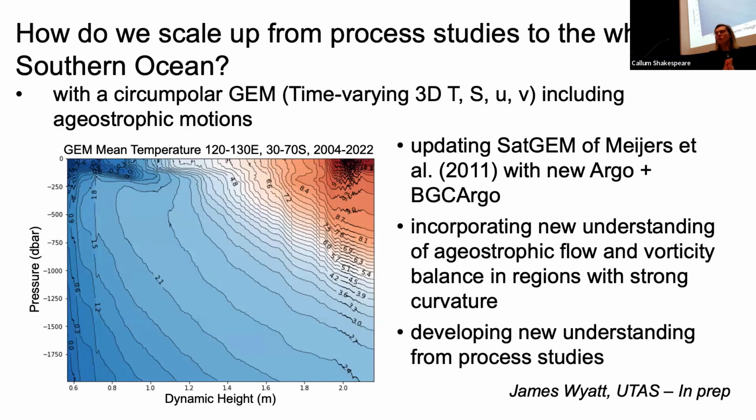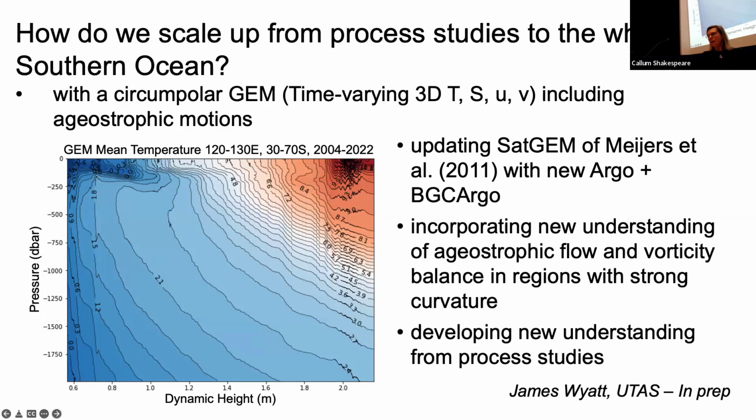So at every longitude, we have a meridional section that tells us the structure of temperature and salinity as a function of dynamic height as our meridional coordinate and pressure or depth as the vertical coordinate. And if we apply satellite sea surface height fields, we can move around those temperature and salinity patterns to build a shape of the ocean on that day that the satellite field was measured.